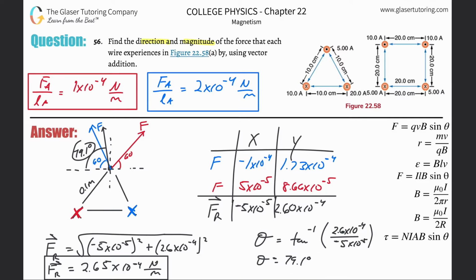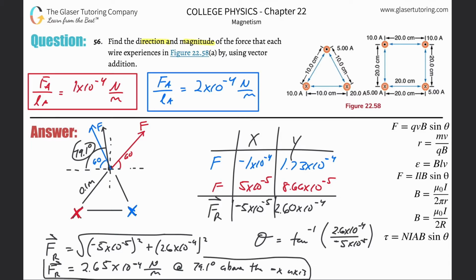All right. So don't get too caught up in that. Just make sure you understand what we're talking about. Okay. At then 79.1 degrees above the negative x-axis. That's good enough. All right. And that's then the answer for 1 part out of this 3-part problem.